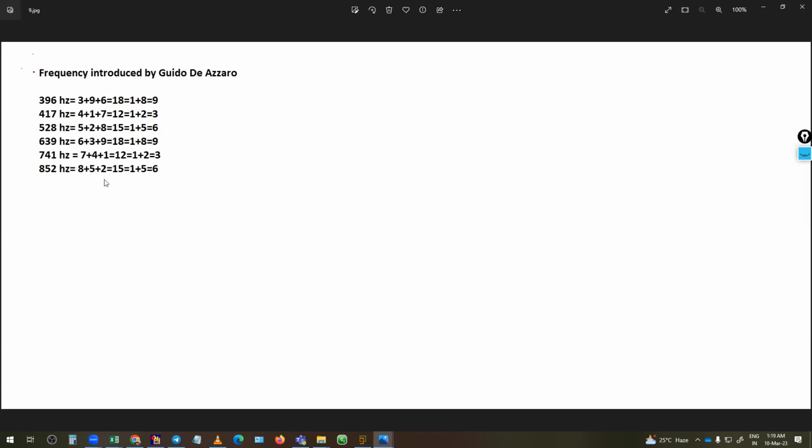This frequency is called the solfeggio frequency. All the frequencies, if you add the numbers and convert them into a basic number, I mean the single digit, you will see the numbers are 936, 936, right?